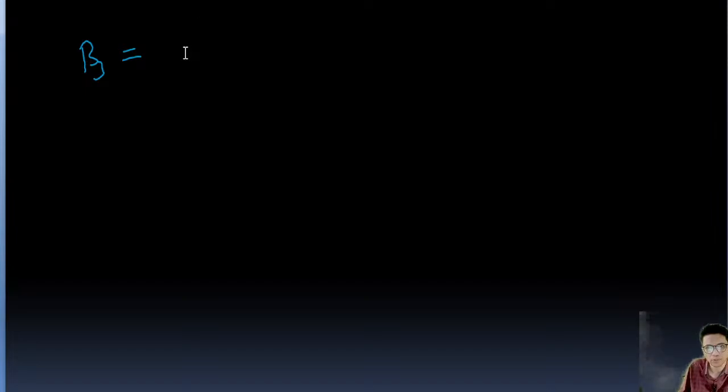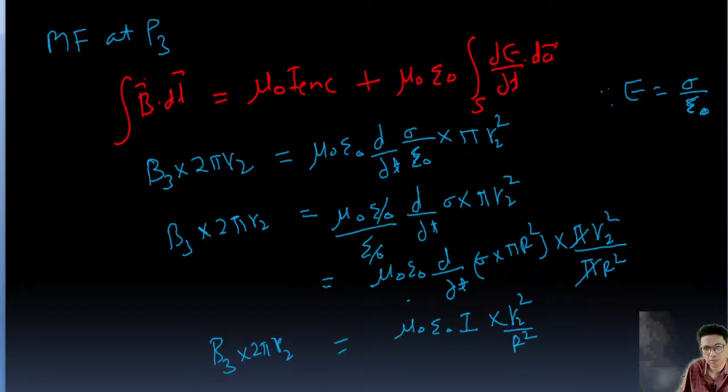So this value is going to be mu 0 I r2, this epsilon 0 is cancelled, right?